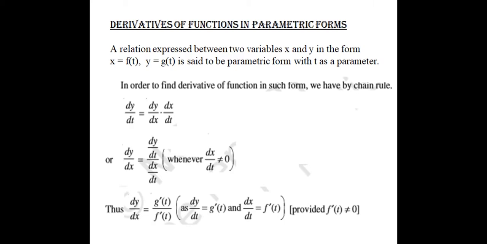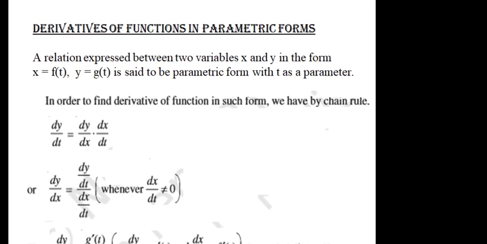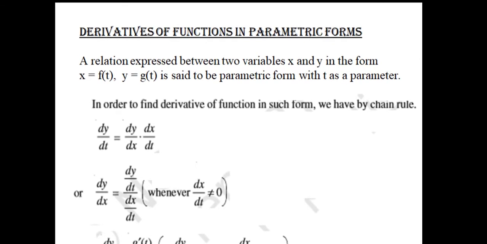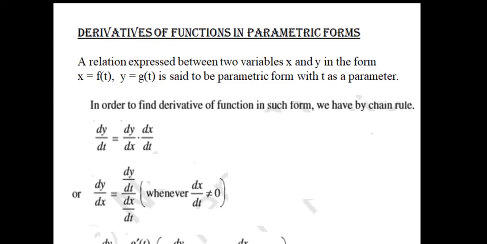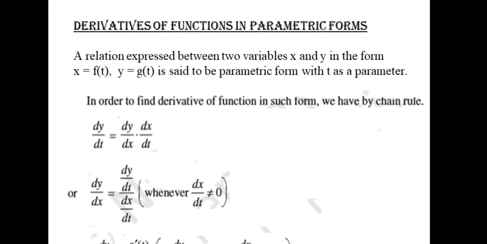So students, what is the concept of parametric form? Suppose x and y are two functions of variable t. x is a function of t and y is a function of t. First we have to differentiate x with respect to t, so we'll get dx by dt, and then we differentiate y with respect to t, then we'll get dy by dt.